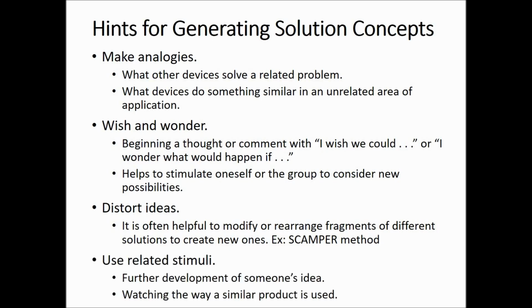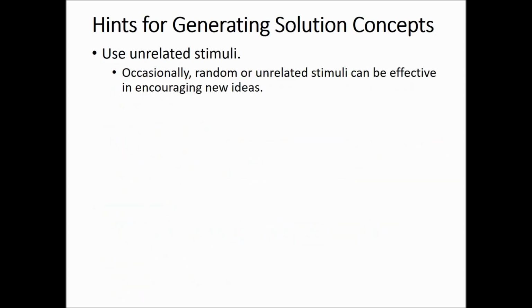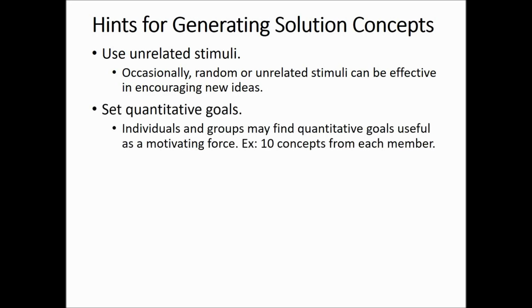And you could use related stimuli, that is, you could start from somebody's idea. So when someone proposes an idea, you can consider it as a basis and then improve on that basis. Or you can use unrelated stimuli, that is, when you feel like you're not getting any ideas, when you feel like you're bored, then you take a break and come back and look at the problem again.